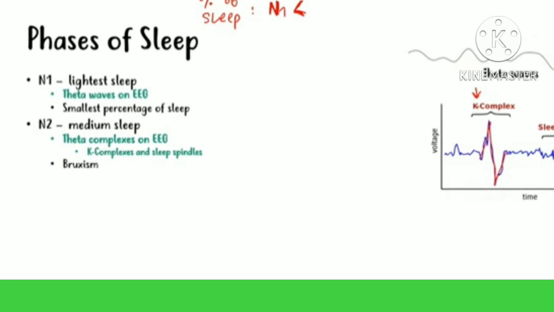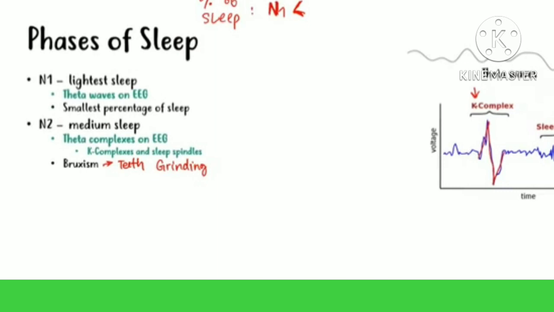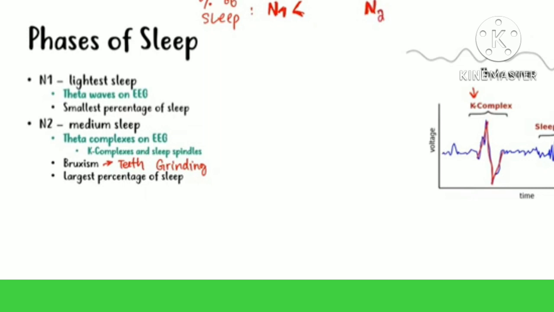N2 is also where you're going to end up grinding your teeth, aka bruxism, okay? So, let's write that down. Teeth grinding. Boom! Alright, and finally, this is the largest percentage of sleep. So, after N1, you're going to have N2 as your largest percentage of sleep right here. Okay, that's the most important one.